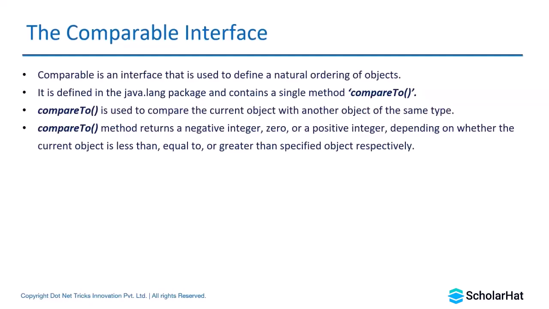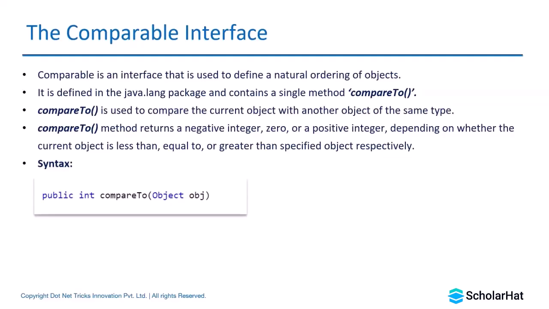So this is the syntax of compareTo. We take the object of the current class and compare it with the other object, and return the integer value depending upon the comparison or the attribute that we are going to write.